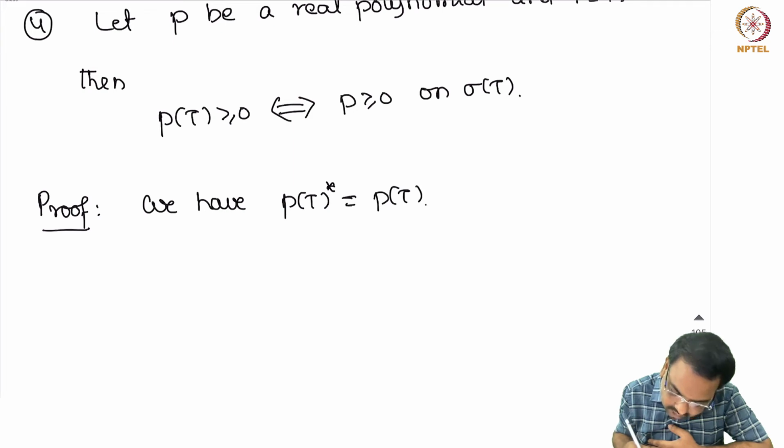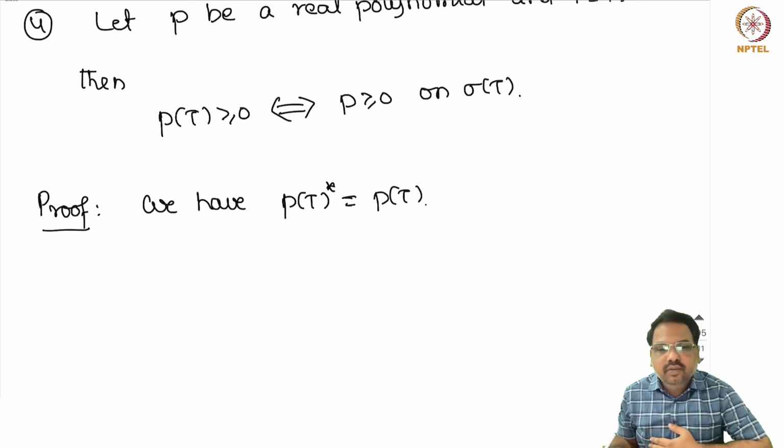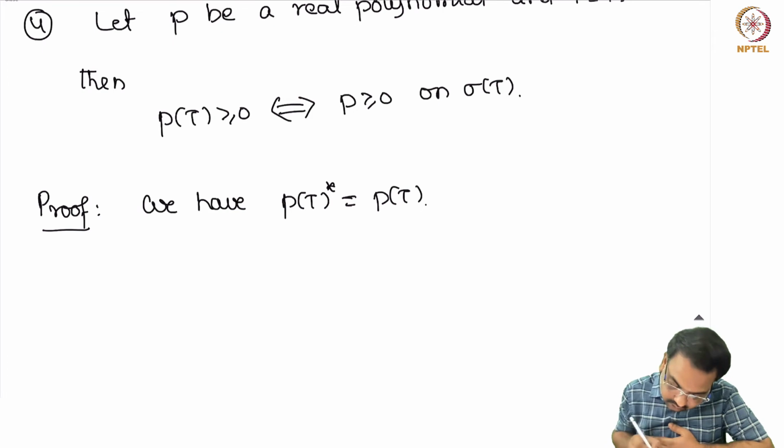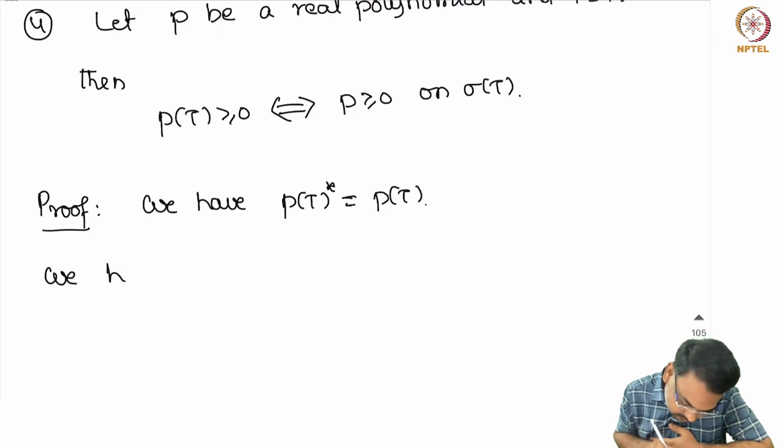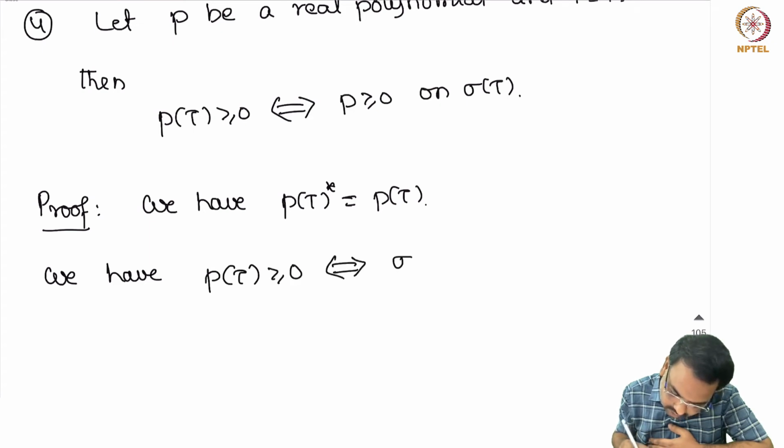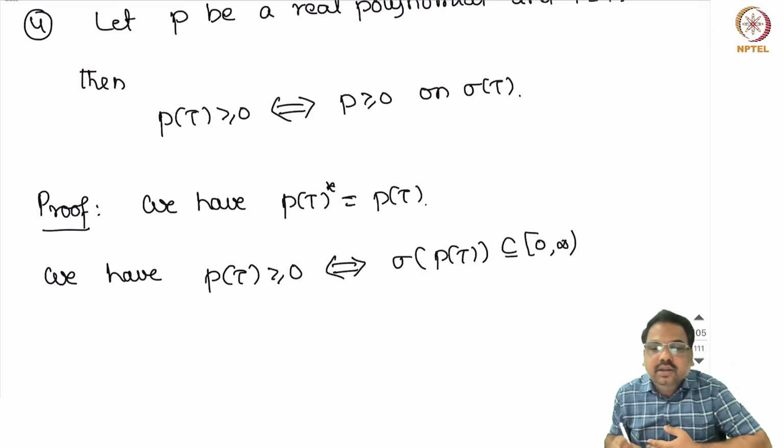We know that a self-adjoint operator is positive if and only if the spectrum is positive. So we have P of T is positive if and only if the spectrum of P of T is contained in the positive real line.